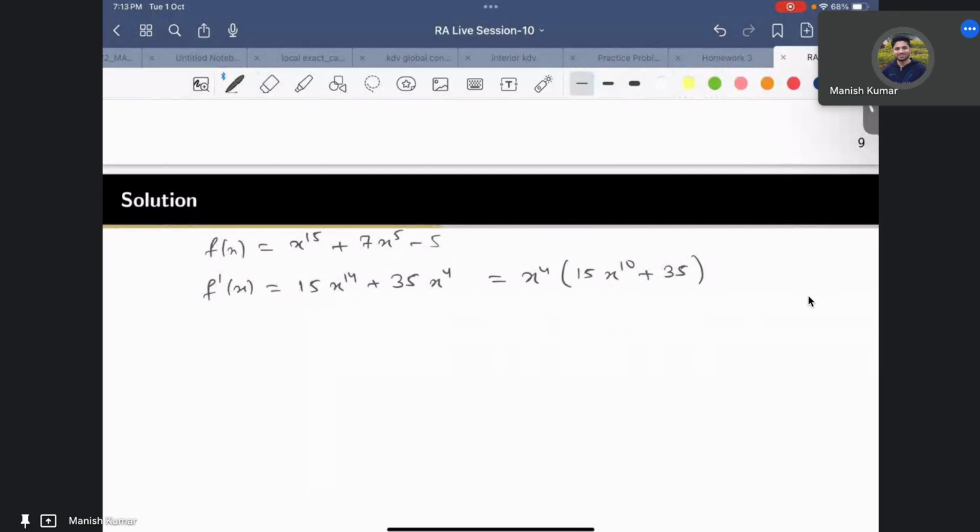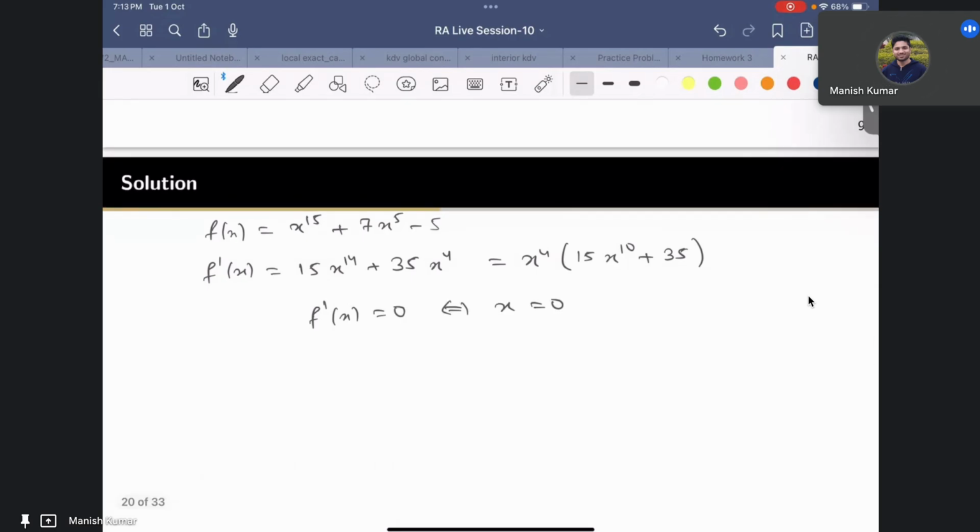So what I can see is that f prime of x is equal to 0 if and only if x is equal to 0, right? Otherwise it's going to be positive. So f prime of x is greater than 0 for x not equal to 0.